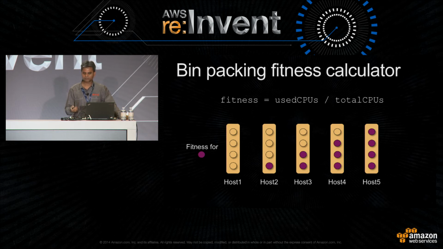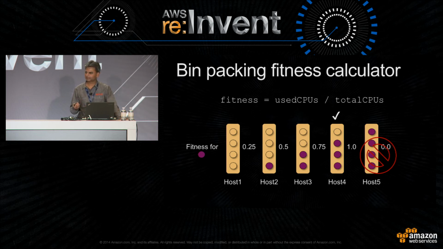Then using this equation, the fitness comes up as 0.25 all the way till 1.0 for host 4, and then it's 0 for host 5 because it can't fit, all the CPUs are taken. And so based on this, if I were to do that simple algorithm that I showed before, I would pick host 4 because it's the perfect fit. So that's how bin packing would work.